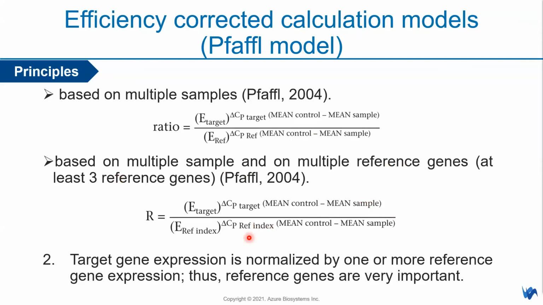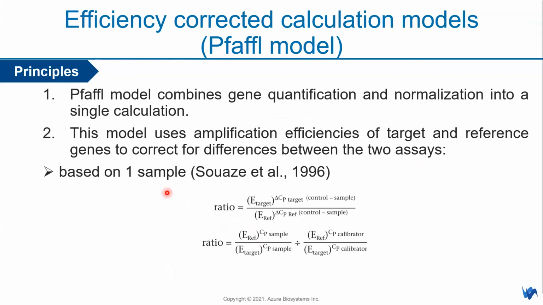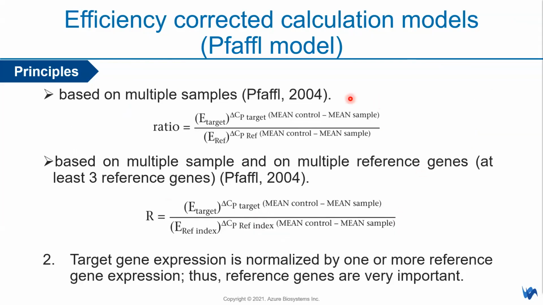So this calculation method is a bit more complex in that sense, but it suits most applications where you have one sample, more samples, and multiple samples and multiple reference genes. So you do see that in this quantification strategy, we do need to use reference genes to do normalization, right? The target gene expression is normalized by one or more reference gene expressions. So that's why reference genes are very important.